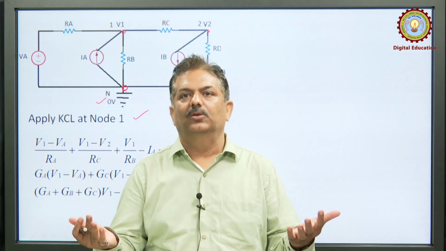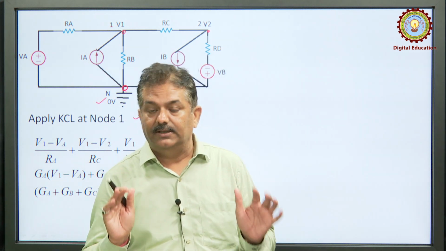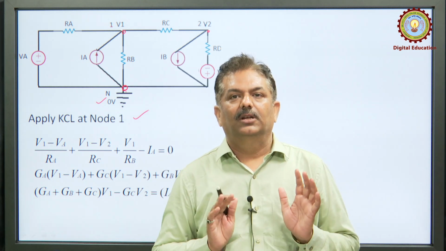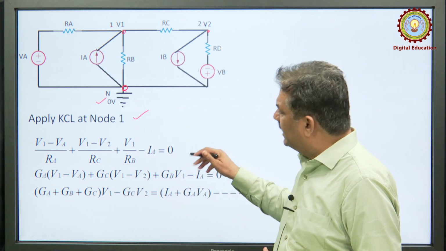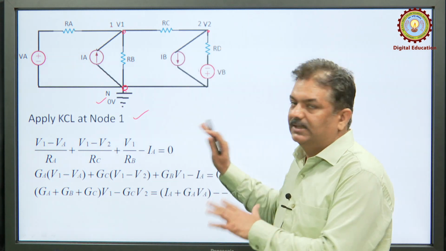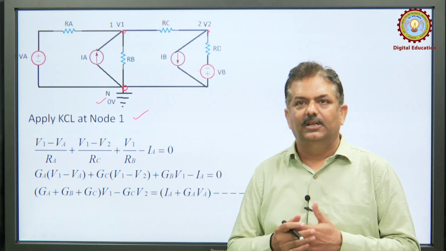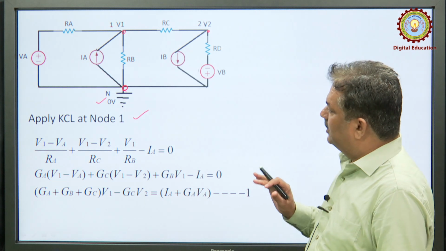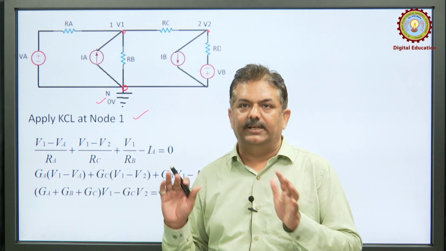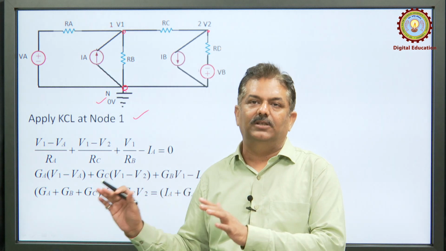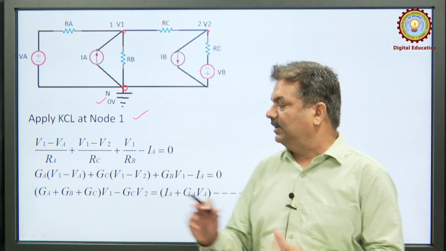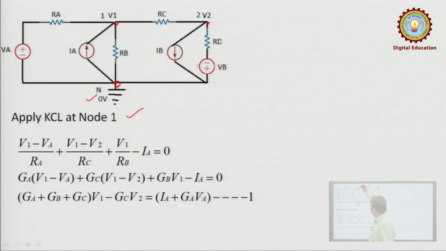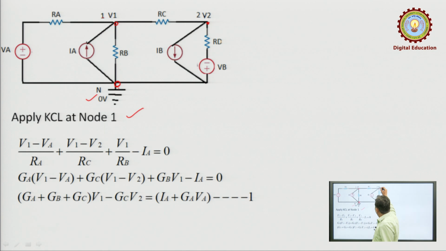We can also follow the opposite convention: current leaving the node positive and entering the node negative. Here we will go with the opposite convention so that the equation can be written in a specific format and we can save one step. The original convention remains the same, but for writing the equation we will follow the opposite convention.